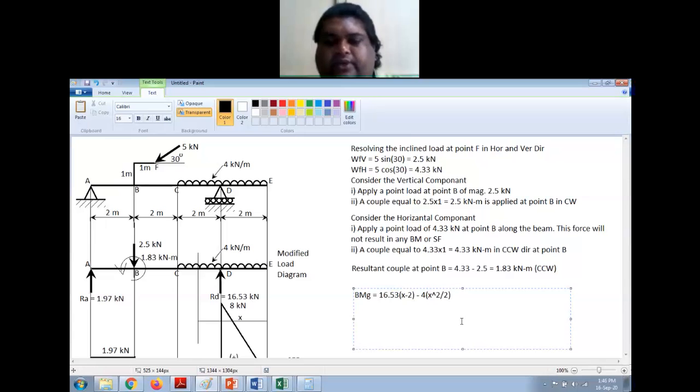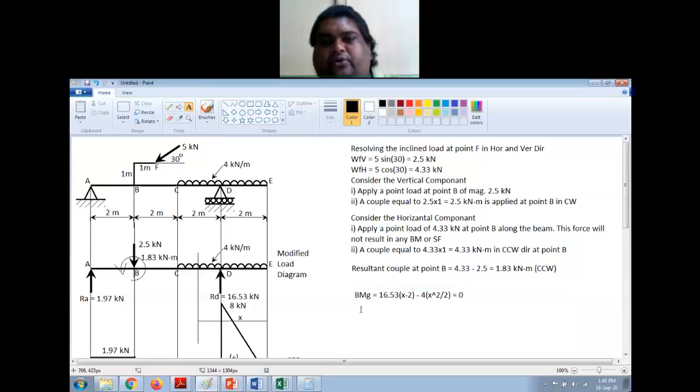So and this value is equal to 0. Now if you solve this equation, you will get the value of x. So that is the location of point of contraflexure, right?